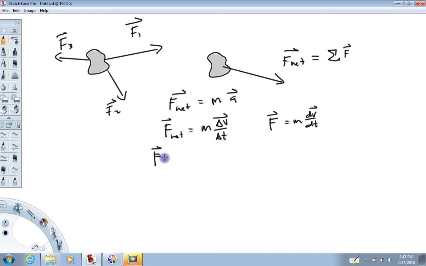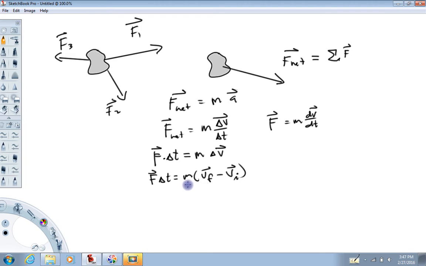So when we have force times delta t on the left, on the right we have m times delta v. Now, delta anything is equal to v final minus v initial. So this right-hand side can be written as m times your final velocity minus m times your initial velocity. I continue to put the arrows over to remind us these are vector quantities.